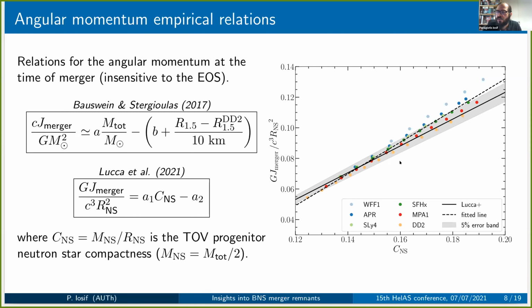So there was one relation in Bauswein-Stergioulas in 2017, and a more recent one by Luca and collaborators in 2021, which is the one we used in our work. And these 2 relations were compared, and we found a good agreement with each other. And basically, one can be cast into the form of the other by some simple algebra transformation.